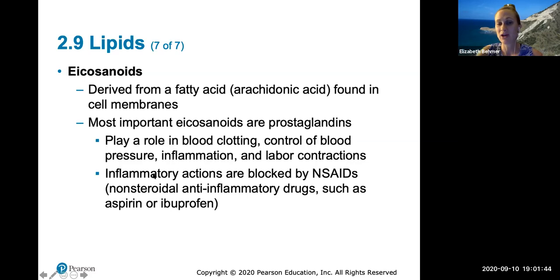The inflammatory actions are blocked by what we call NSAIDs, which are non-steroidal anti-inflammatory drugs. They're non-steroidal because they're not a steroid. They're a different type of fatty acids. So that's why they give them that name. And they're anti-inflammatory because these guys play a role in inflammation. So aspirin and ibuprofen are big ones.